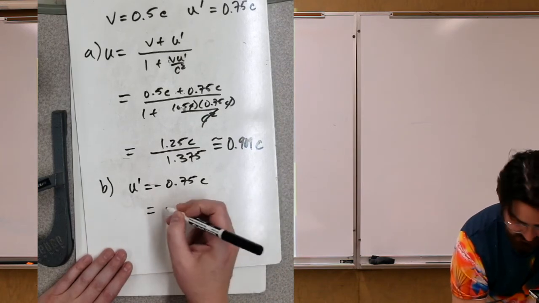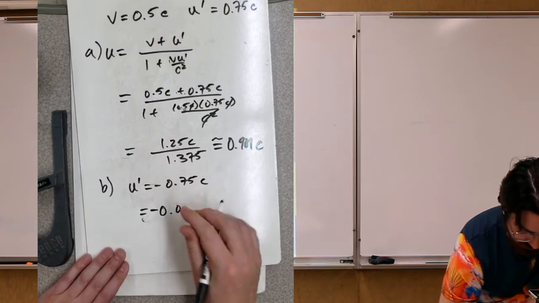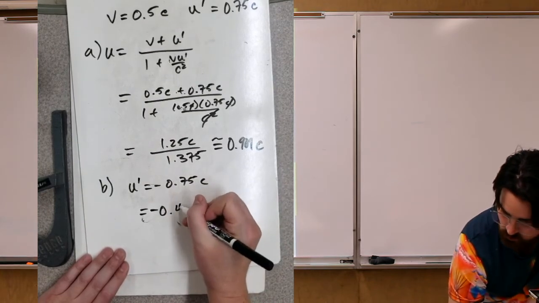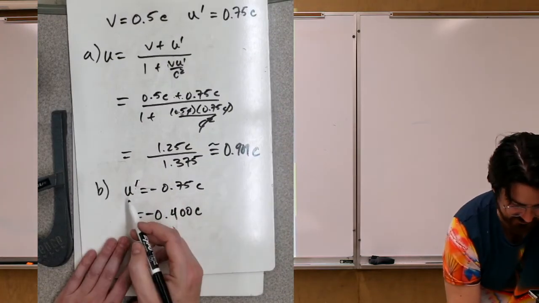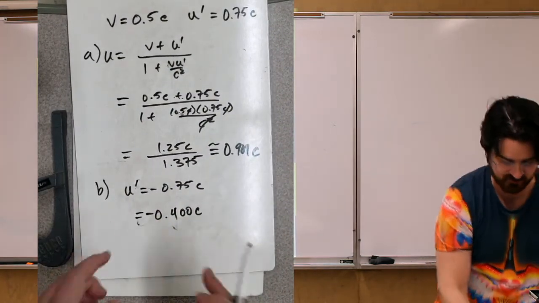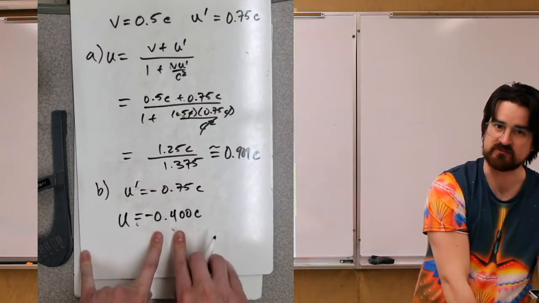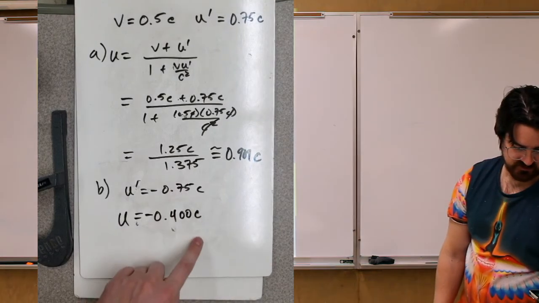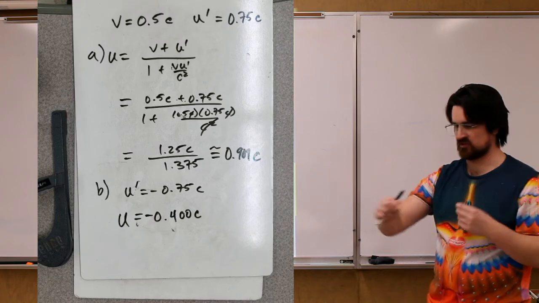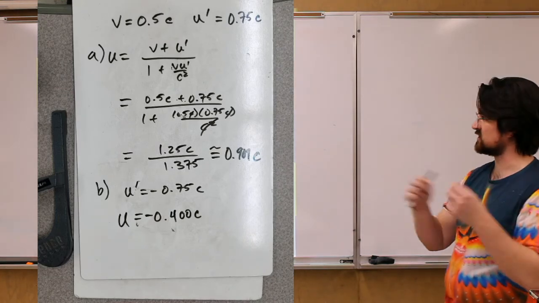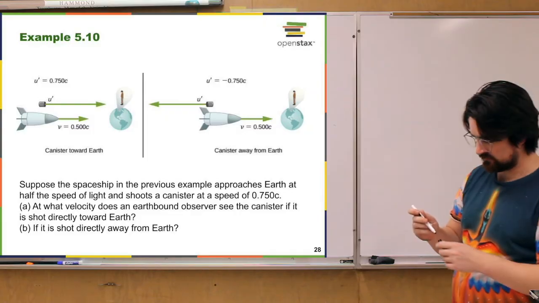Well, the end result is that we get 0.4 c. That is the velocity in the moving reference frame. The velocity that the observer on Earth actually ends up seeing is minus 0.4 c. This now, what is that, 25% change? So there's a big difference in the change of the velocities that you're seeing, if it's going at you, going away from you. Very strange stuff.